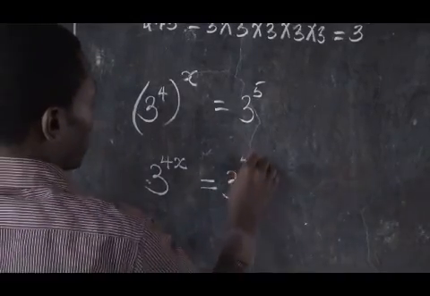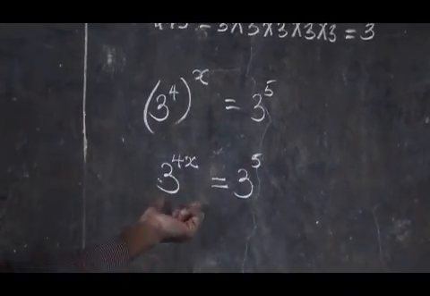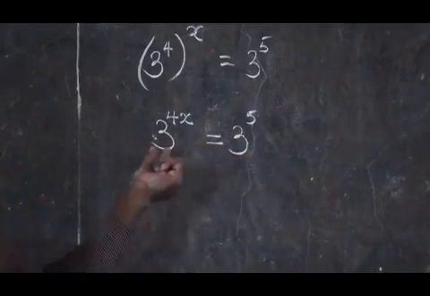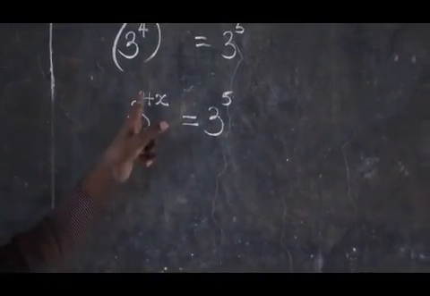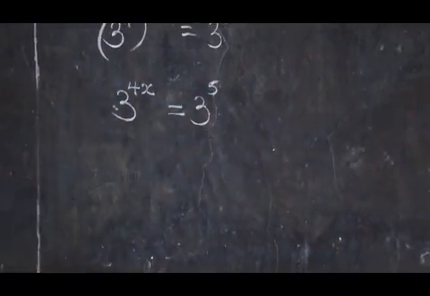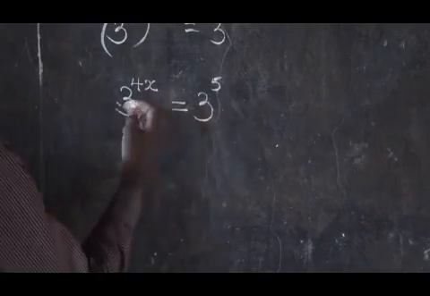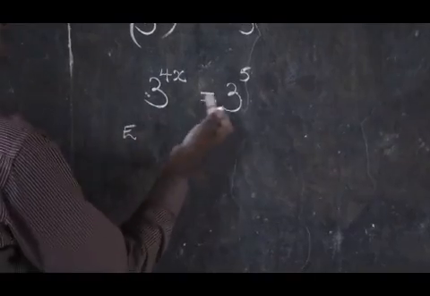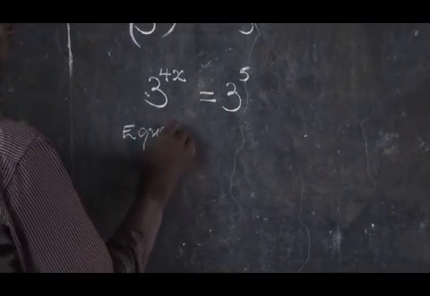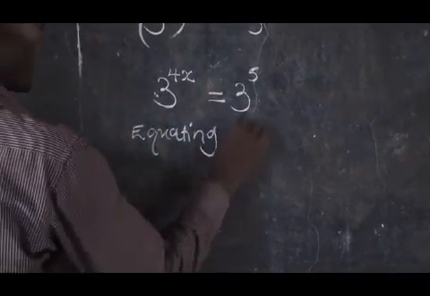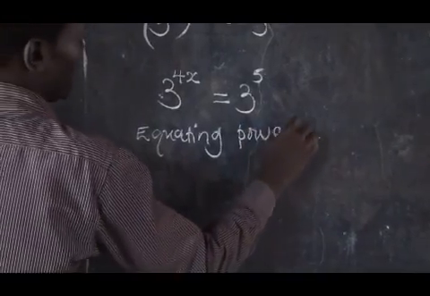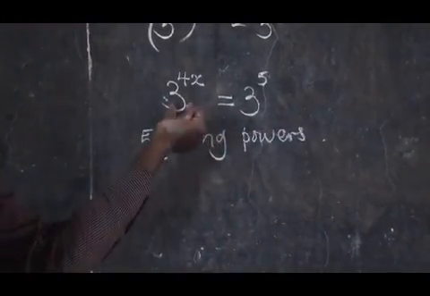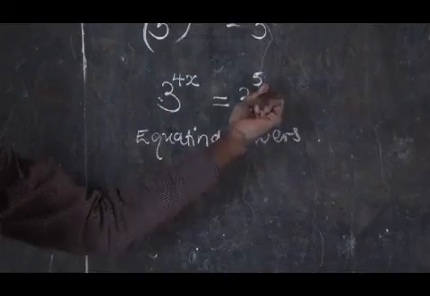And if we have equal signs here and the bases are the same, it means even the powers are the same. So we don't deal with the bases. If the bases are the same, let us go to powers. So we say equating powers, because these are equal signs. Here it means we are going to leave away these ones and equate these ones.